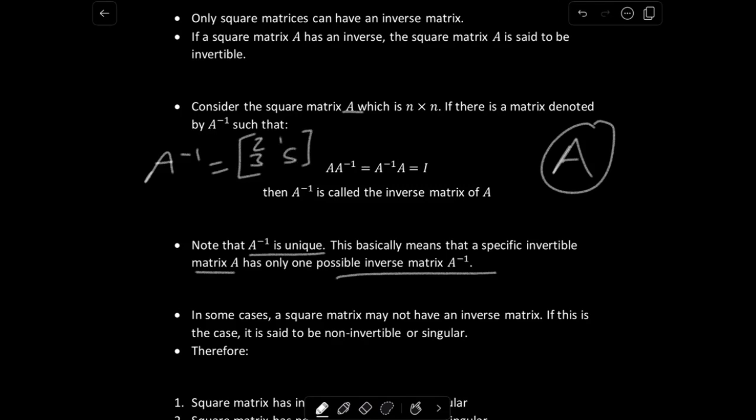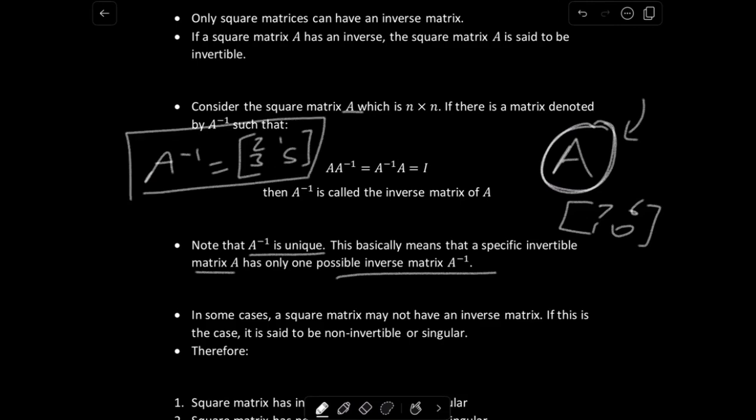It's not like this is the first possible inverse, and then there's another one where we could have 7, 0, 6, 1. If the original matrix A has an inverse, it only has one unique possible inverse. There's no two or three possibilities or 10 possible inverses. There's only one single inverse if that original is invertible.